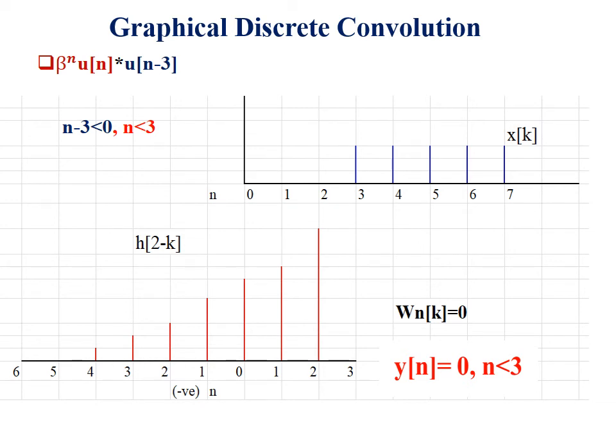So we can conclude that 2 marks the end of the present value and 3 marks the beginning of the new Wn of k. Hence, we can conclude by saying y of n is going to be equal to 0 for n less than 3.